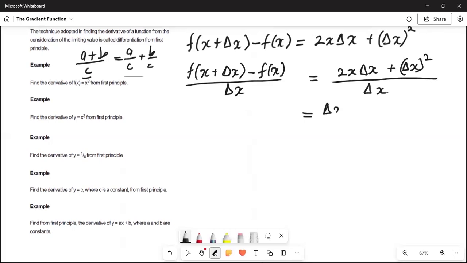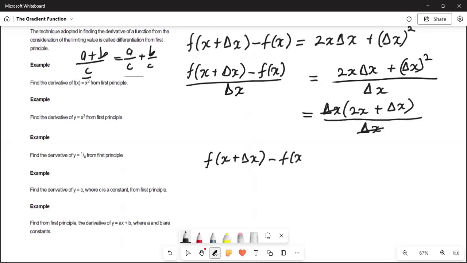So Δx into (2x + Δx), because I factorize it now, so I'll be left with only one Δx here, then divided by Δx. So this Δx can cancel this Δx. So I have [f(x + Δx) − f(x)] divided by Δx is equal to 2x + Δx.